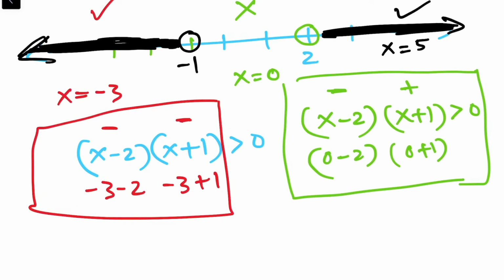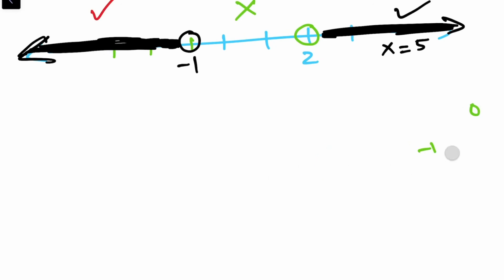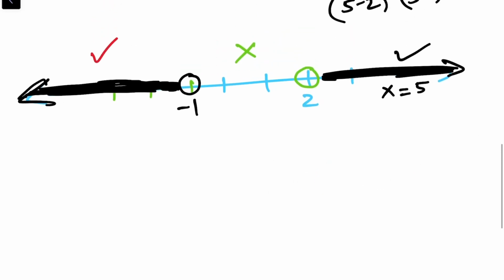Now, let me show you how you can write down the answer. There are many different ways you can write down the answer. Let me erase this so that you can see what I'm doing. You can write negative infinity to negative 1.